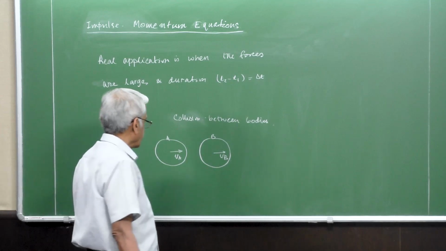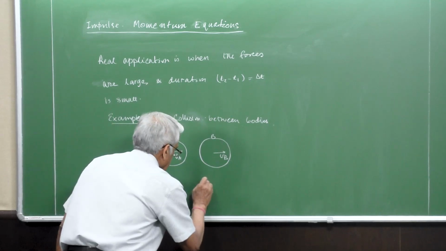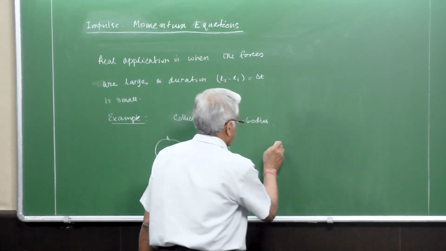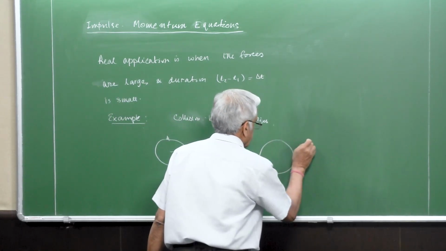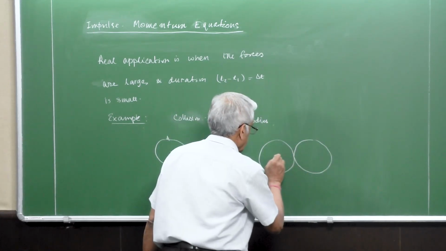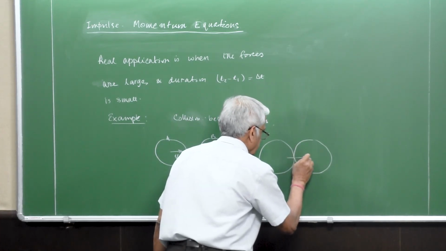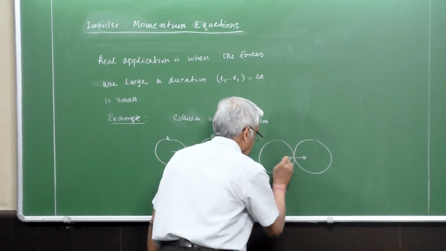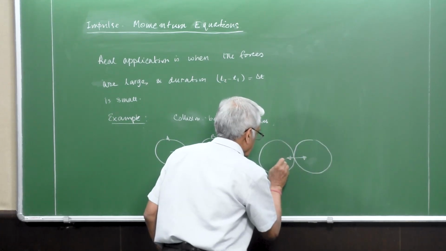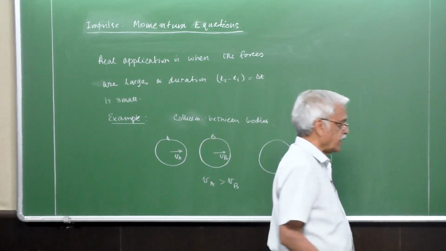For the sake of simplicity, we take them moving in the same direction. So, if VA is greater than VB, then at some point they will touch each other, and at this point there is a large force acting here.